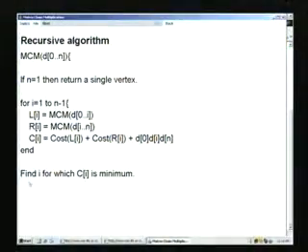Next, we will have all these C_i's, and we just want to find the minimum C_i, and let us call that i for which C_i is minimum, and let us use i to denote that. And then we are simply going to take the corresponding left and right subtrees, and make a tree out of those and return that.